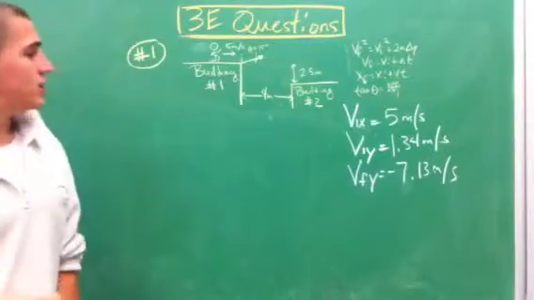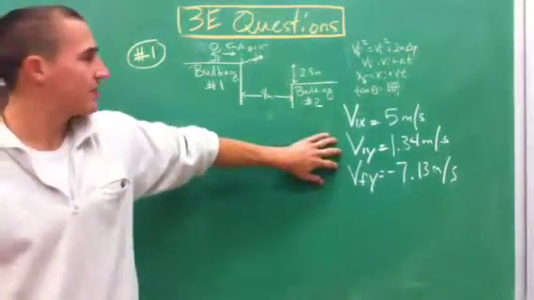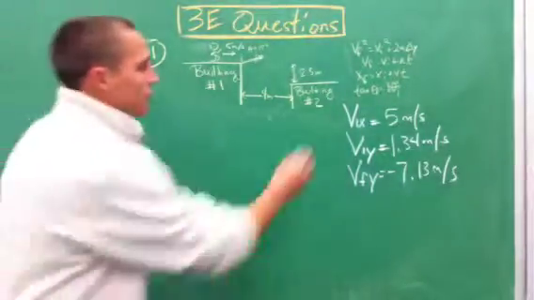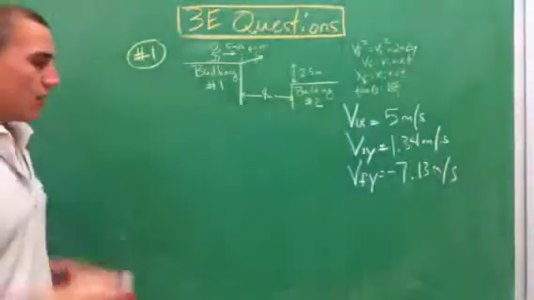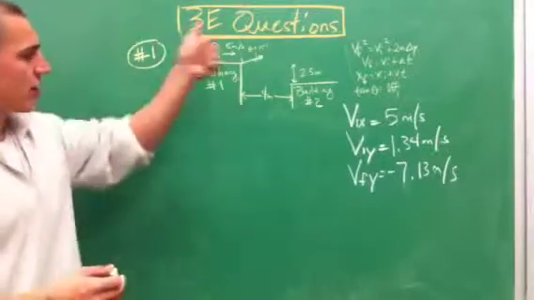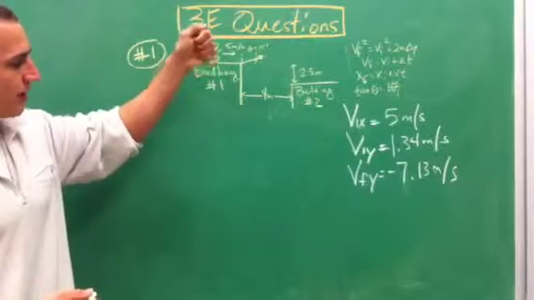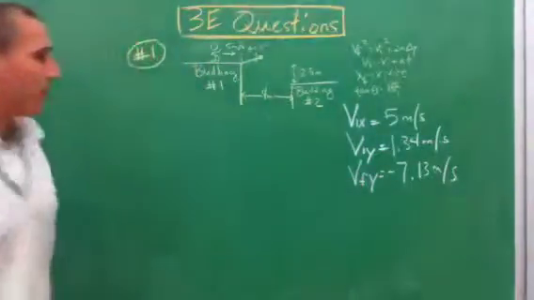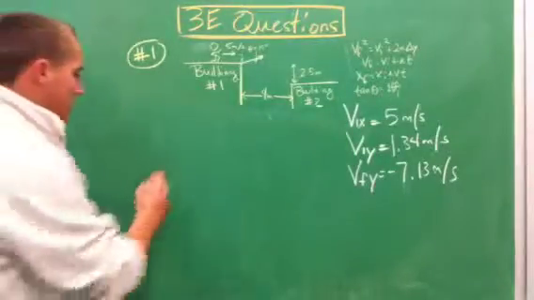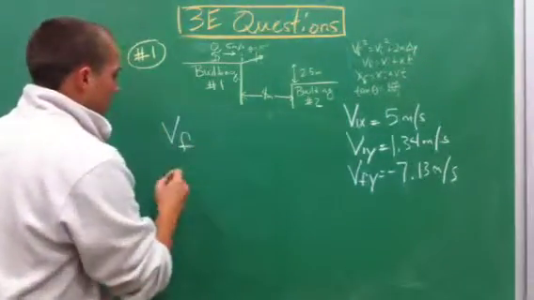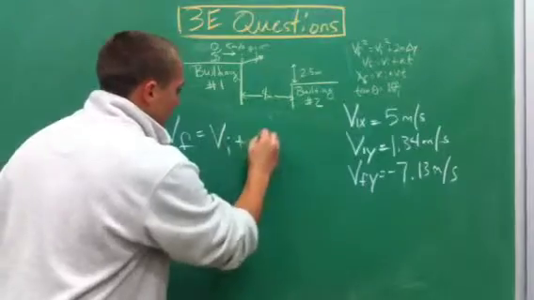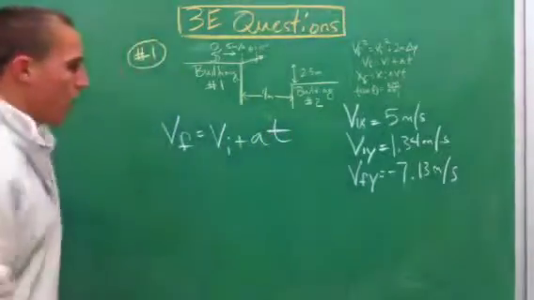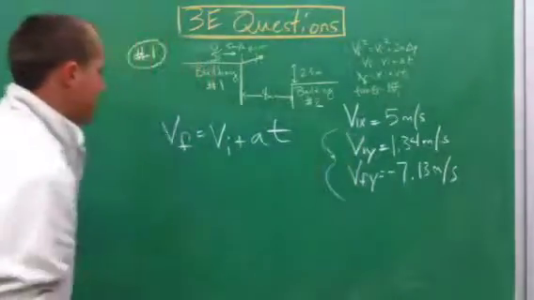All right, now we know the initial and final velocities in the y-axis. Now we can solve for time. We'll use this equation and find out in the y-axis alone, when he jumps straight up at 1.34 meters per second, and he comes back down 2.5 meters and lands at negative 7.13 meters per second, how long it takes. So Vf equals Vi plus at. And remember, this is in the y-axis. We're using these two components.